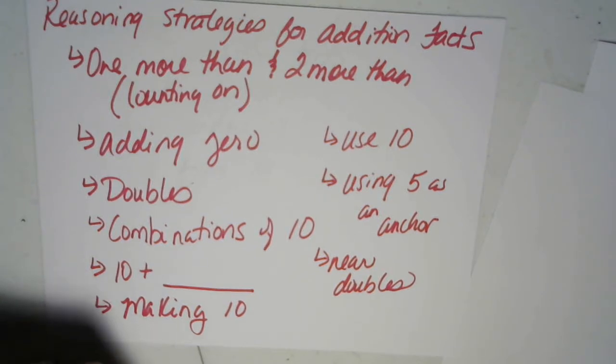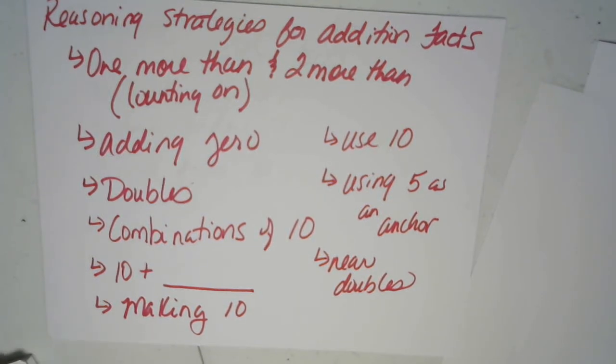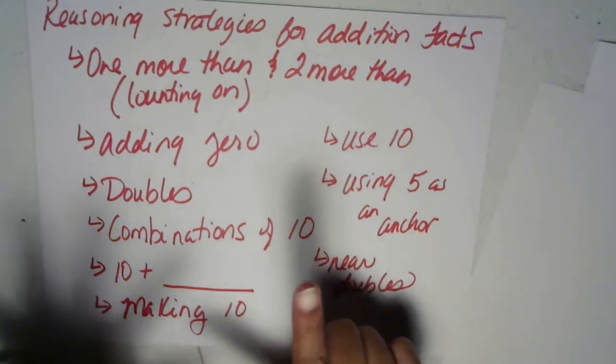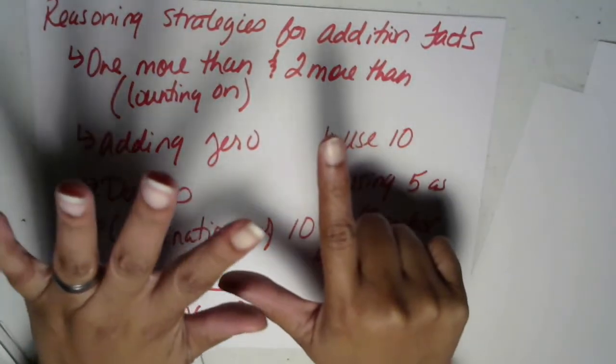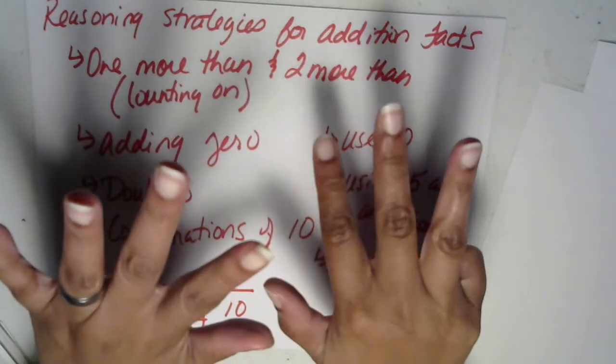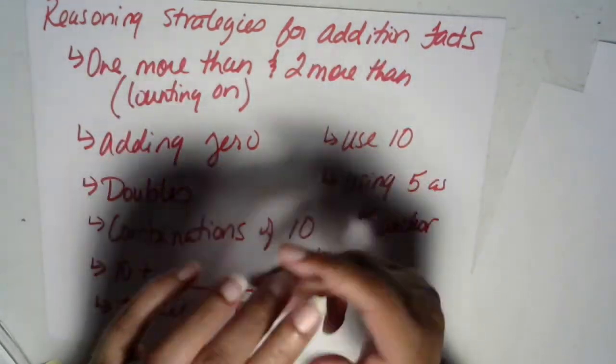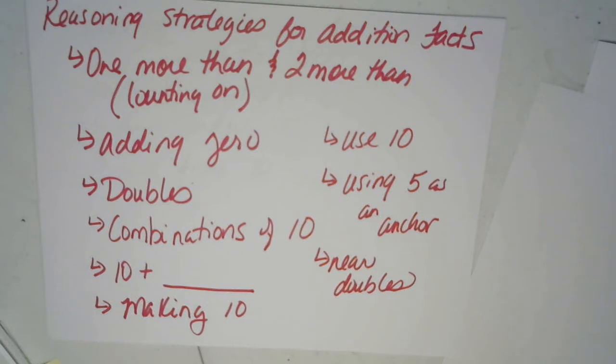Students would say, well, we already have 7, and 2 more come, and we have 9 students. That is counting on.